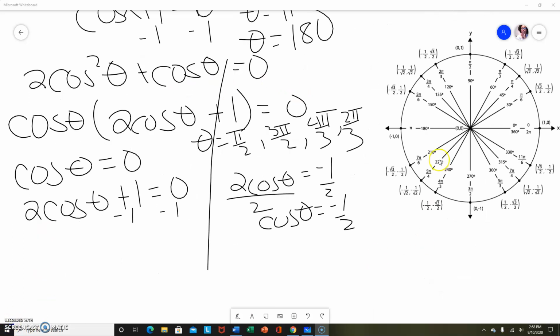And I just brought my unit circle down so that you can actually see it. So when cosine is 0, we have it here at 3 pi over 2 and pi over 2. And then when cosine is negative 1/2, let's see, we have it at 4 pi over 3, which is here, and 2 pi over 3, which is here. Okay, let's do one more.